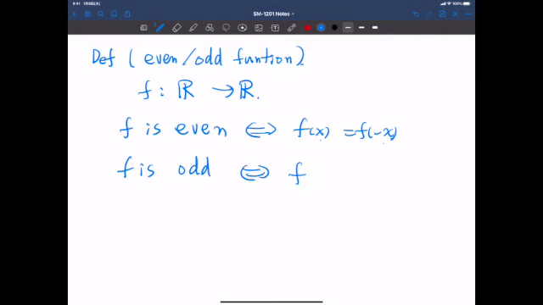then it means, maybe I should write, f of negative x is equal to negative f of x. Okay. So an example of an even function is cosine, right? And an example of odd function is sine function.